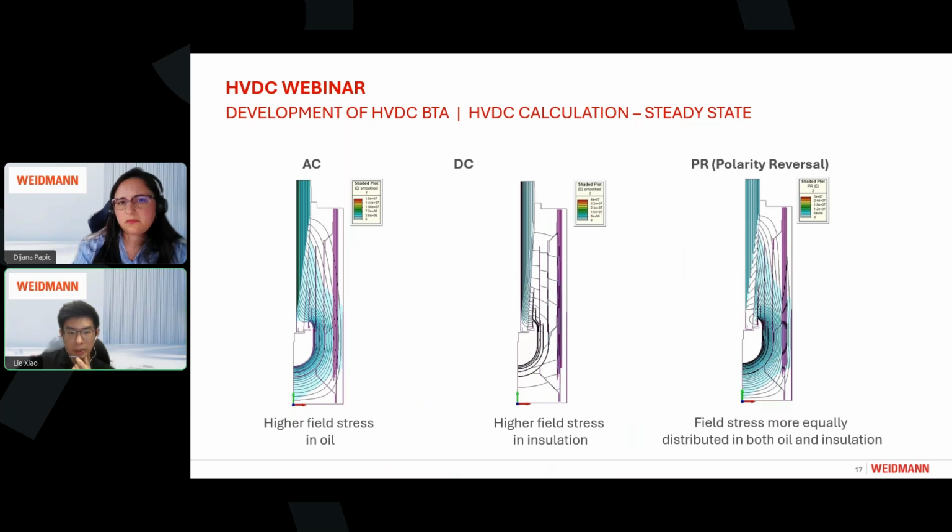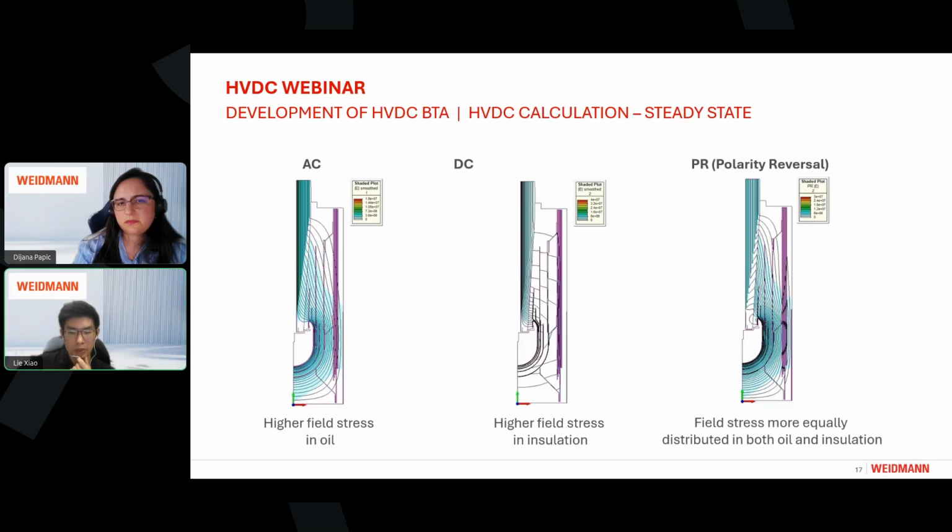So here there are three different plots for the HVDC steady state calculation. The left one is the AC case, where the permittivity is dominant, and you can see that the bigger portion of the field is inside the oil.